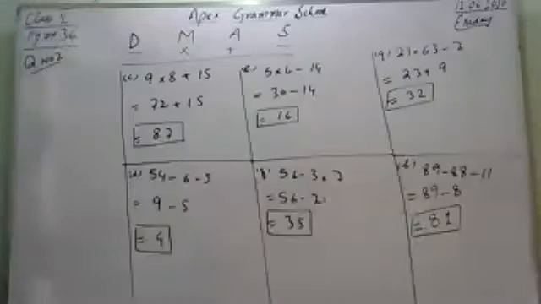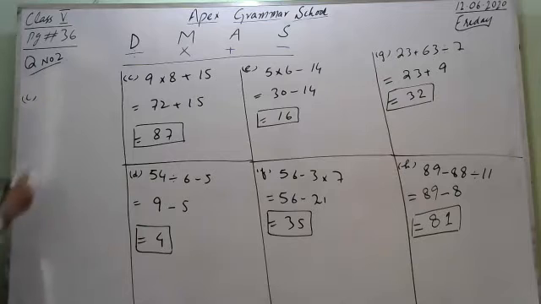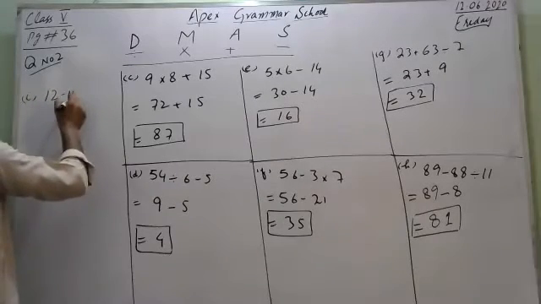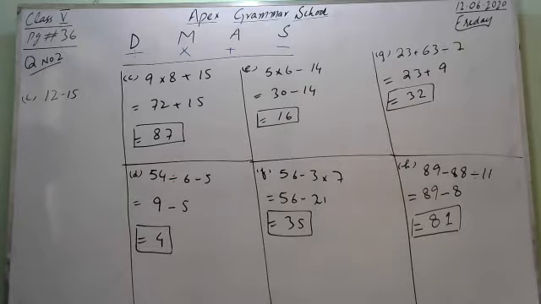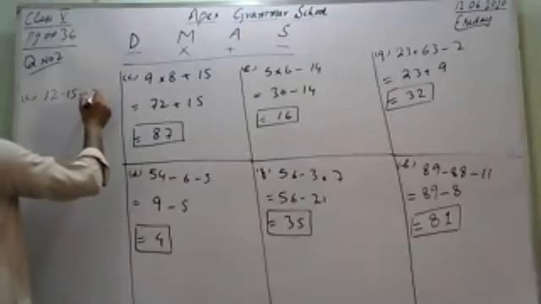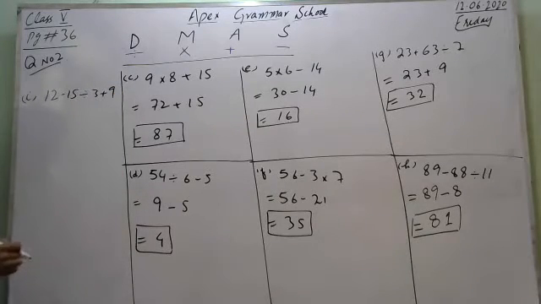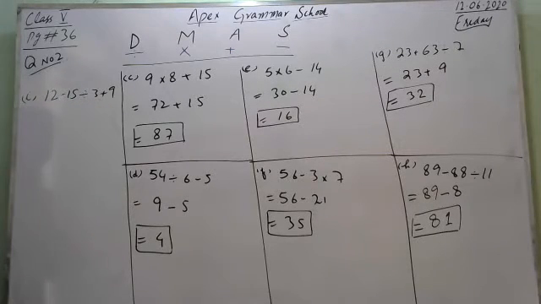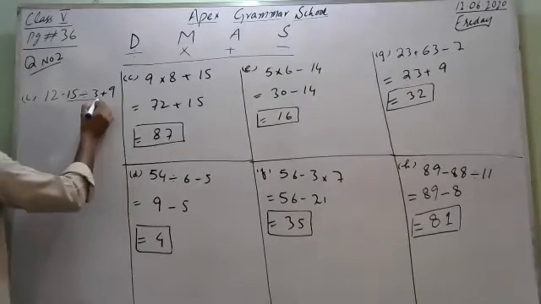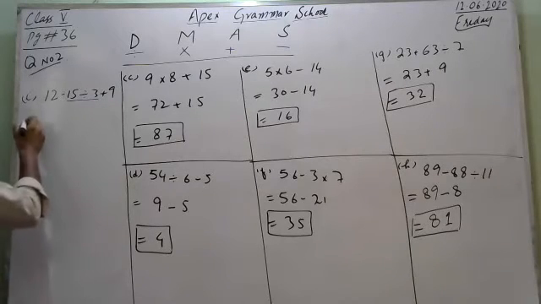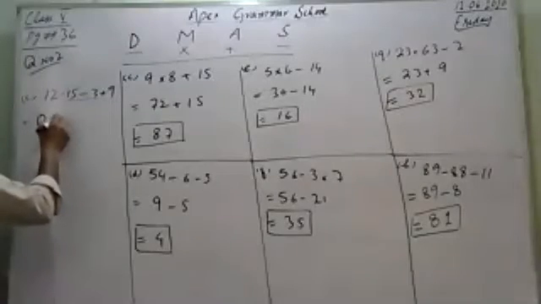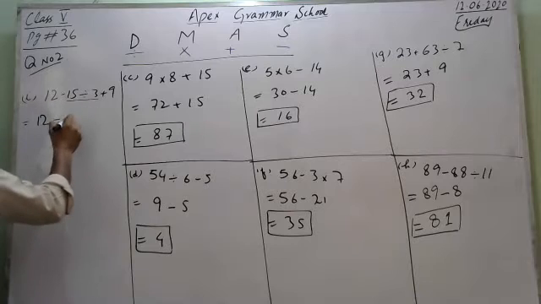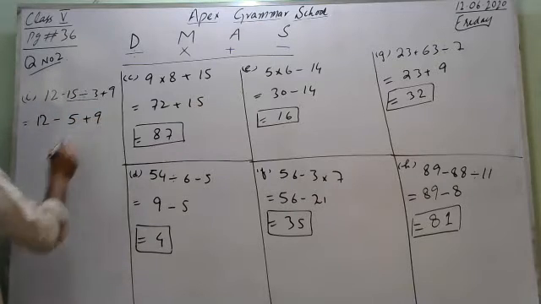Last part of this question is I part, which is 12 minus 15 divided by 3 plus 9. In this question, there are three operations. First one is subtraction, then division, then addition. According to maths and the previous rule, we have to do division first. 12 as it is, minus as it is, 15 divided by 3, answer is 5, plus 9.